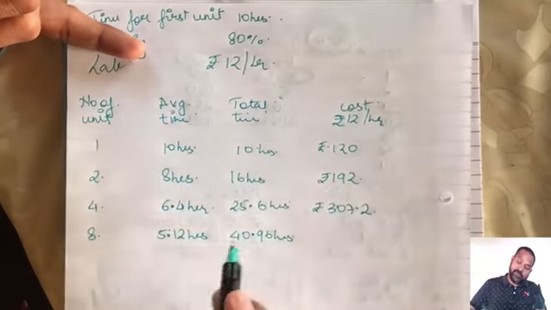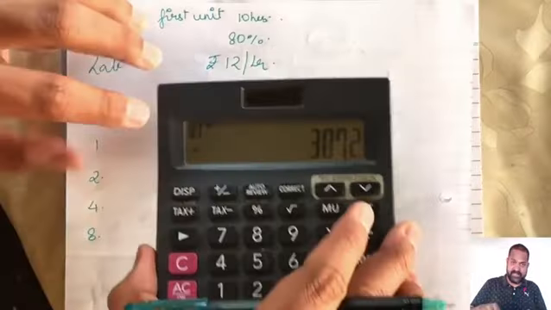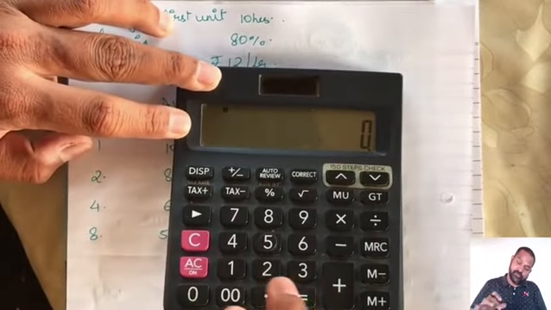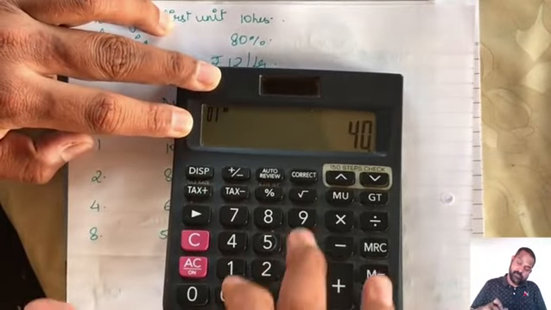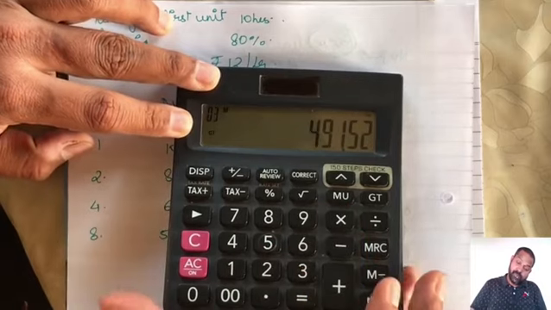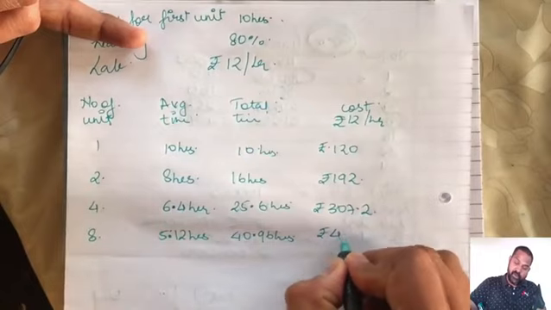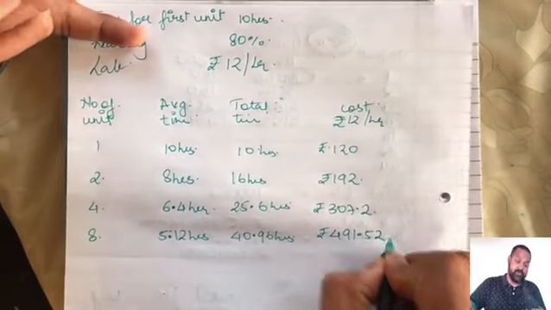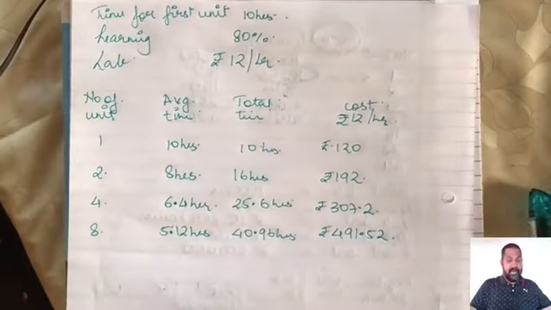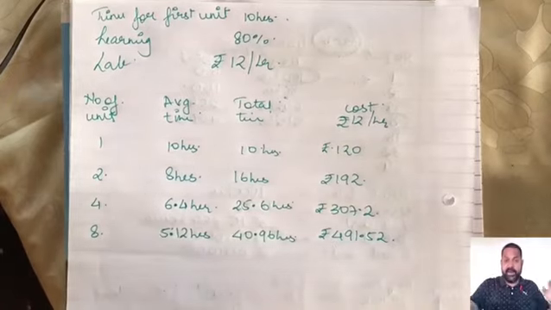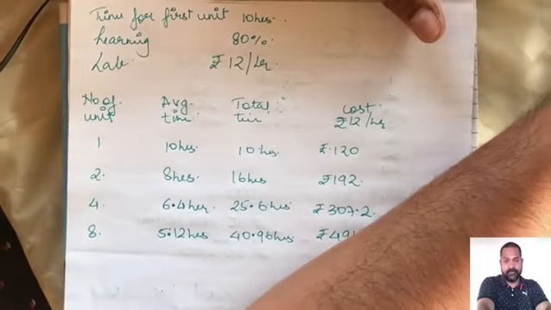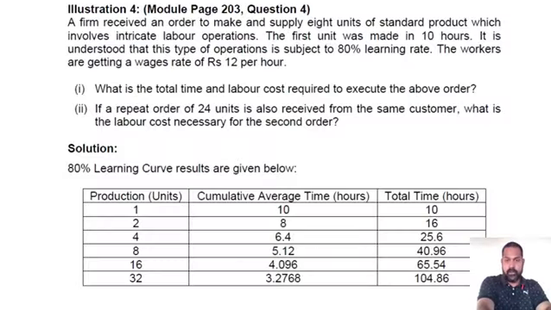And for 40.96 hours, I am going to charge you 491.52 rupees. Let's see if that is their answer. 491.52 rupees, the answer to the first part.